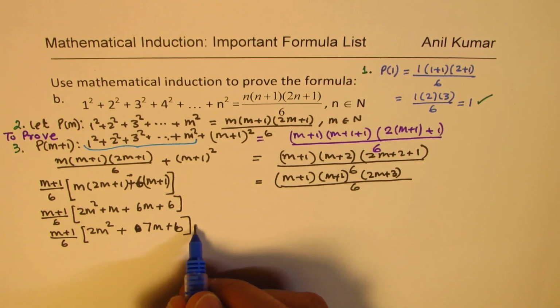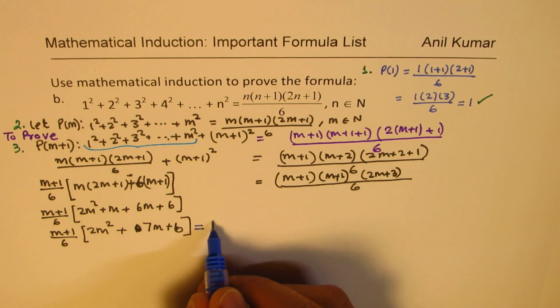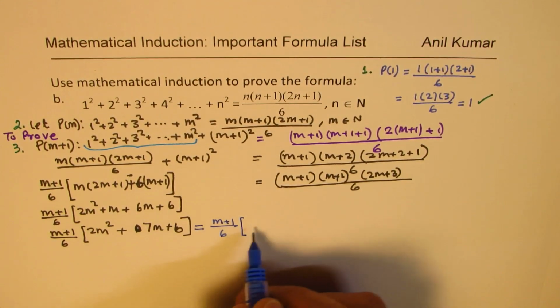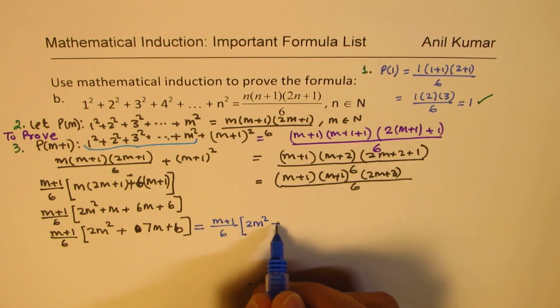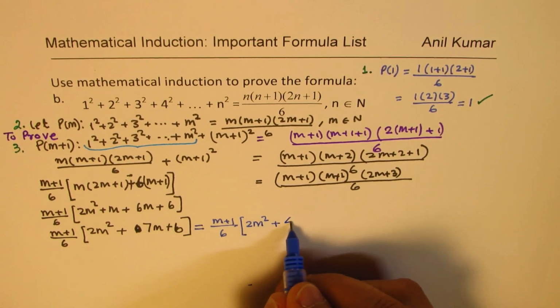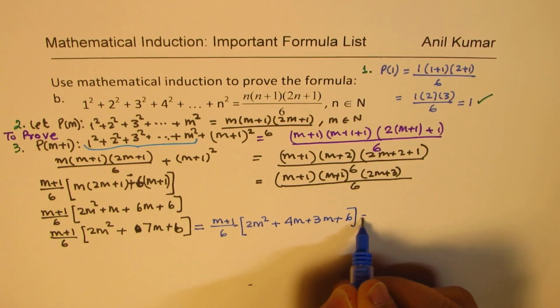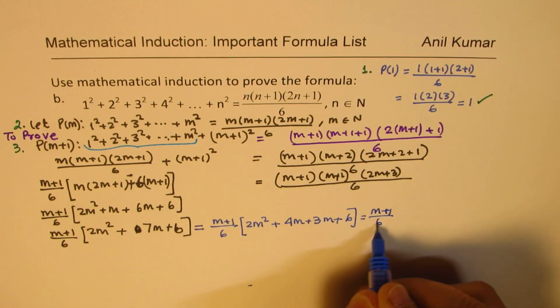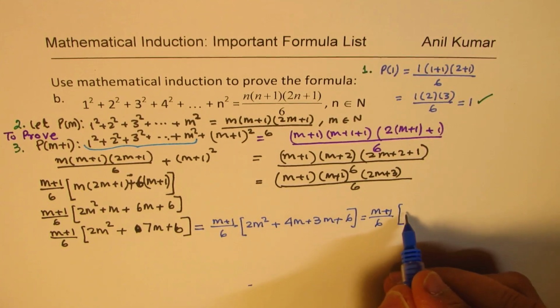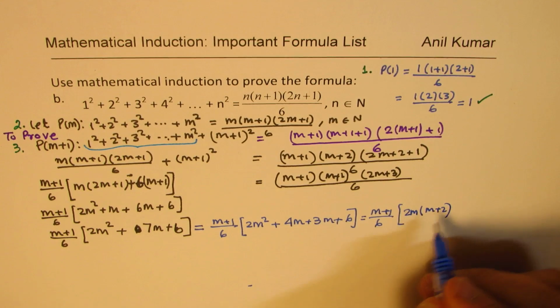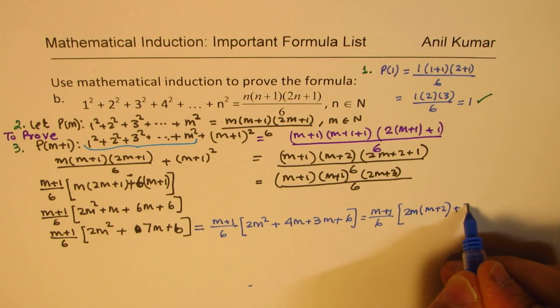So let's go one more step from here. So this is equal to m plus 1 over 6, and what we have here is 2m squared plus 4m plus 3m, right? Plus 6. And that gives you m plus 1 over 6. And we can take 2m common, so we get m plus 2 here, and we can take 3 common.